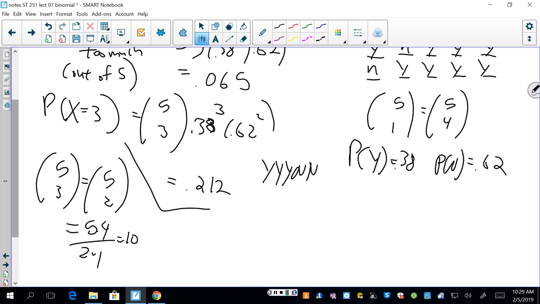And so the others continue like that. So the whole probability distribution is going to be listing the probabilities for 0, 1, 2, 3, 4, and 5 out of our 5 children, right?